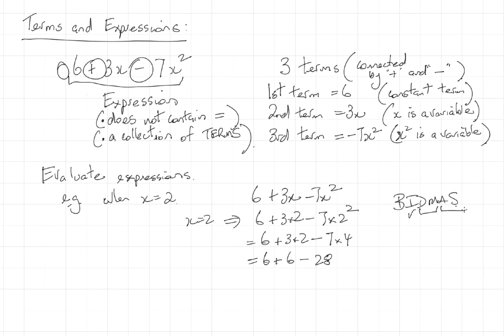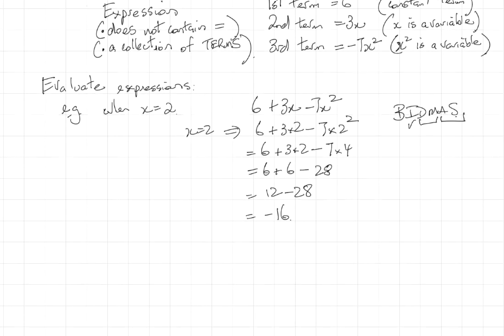And then we do addition or subtraction left to right, so we do 6 plus 6 is 12 minus 28 is equal to negative 16. So evaluating expressions, they can get a lot more complicated. We've just picked an expression with one unknown, and with 3 terms they can become more complicated than that.